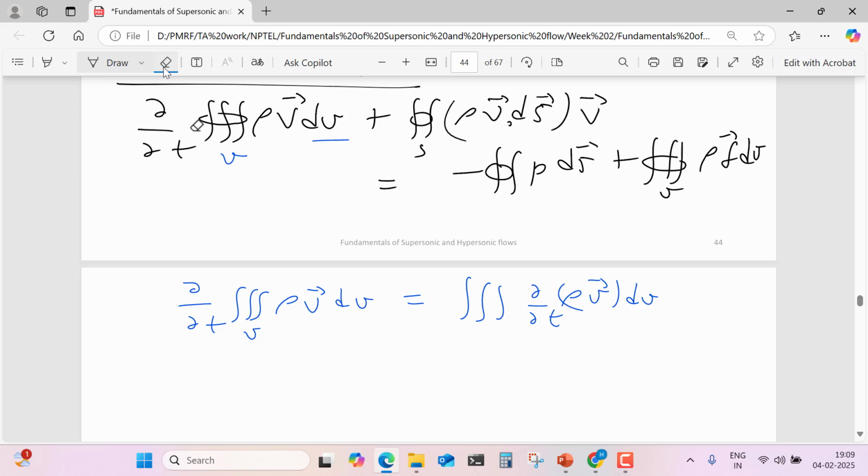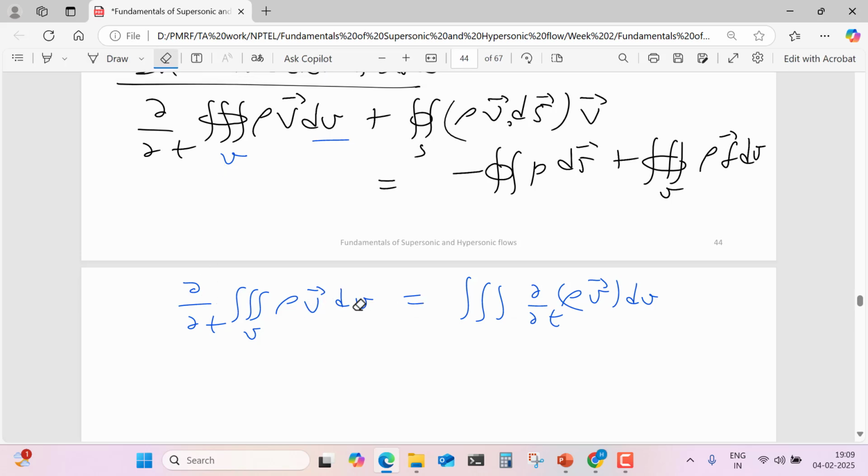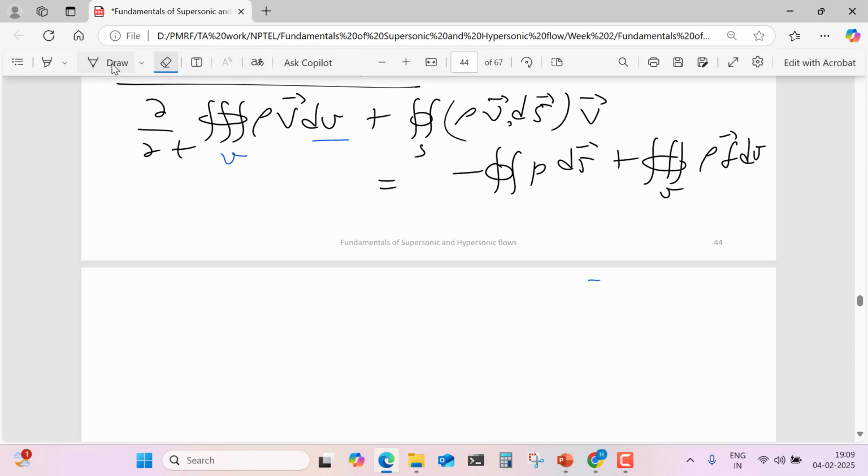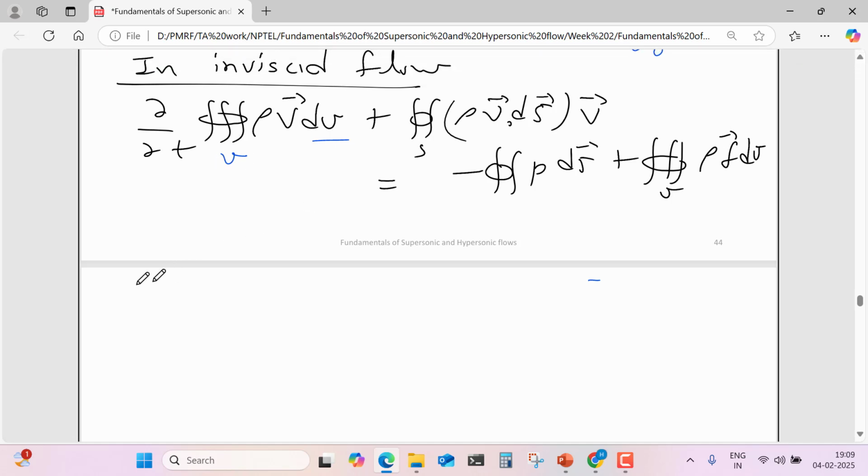Before writing this, I think it is better, if you see this momentum equation, this is a vector equation, so we can take the x momentum equation first.